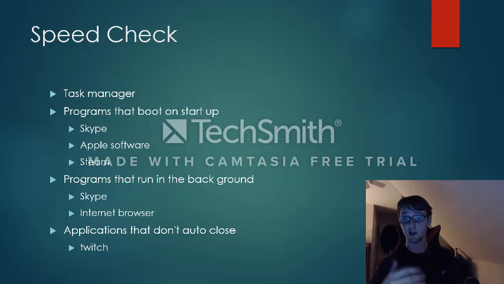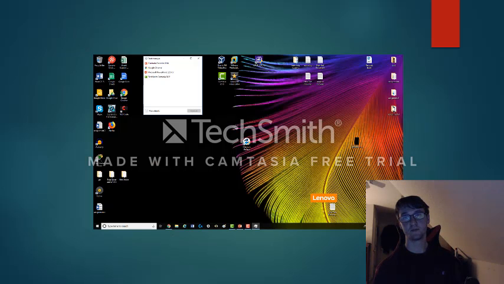So with Twitch, you have to actually go to your taskbar or to your application on your screen and manually stop the software, or you can just go to Task Manager and turn it off. Those are a few extra steps, but it ensures the program is turned off, so it's not continuously eating away at your memory.